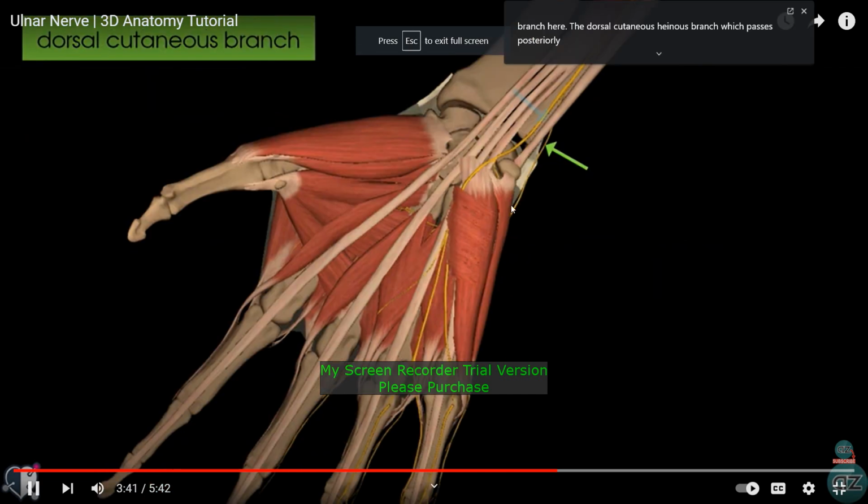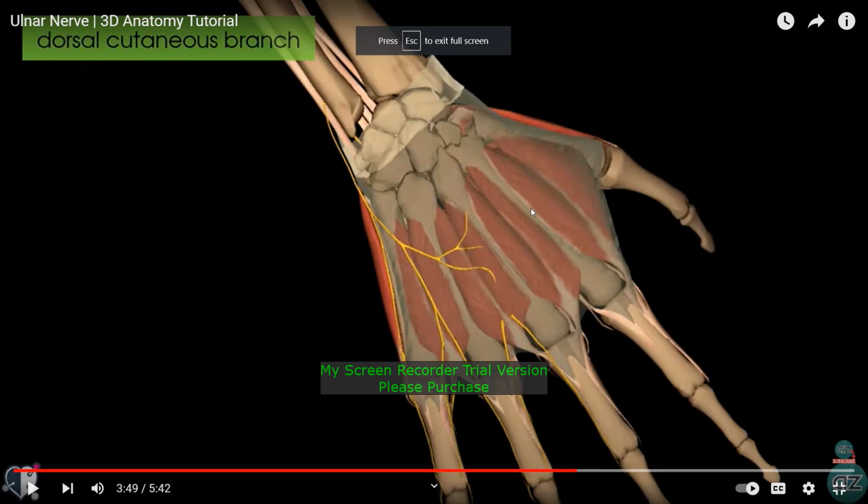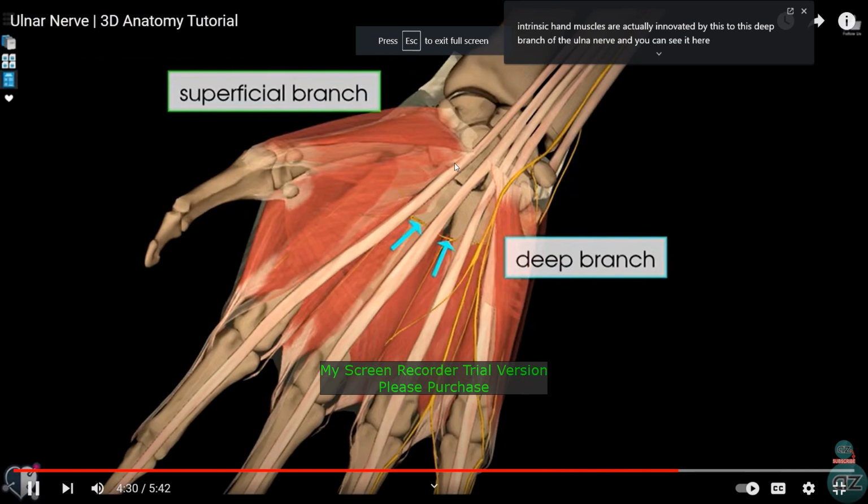Then this is the dorsal cutaneous branch. As you can see, it passes from the anterior side into the posterior dorsal side of the hand, so it innervates the superficial skin of the dorsal side of the hand.